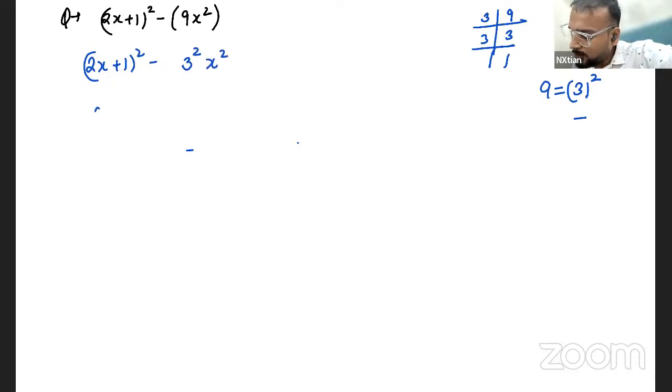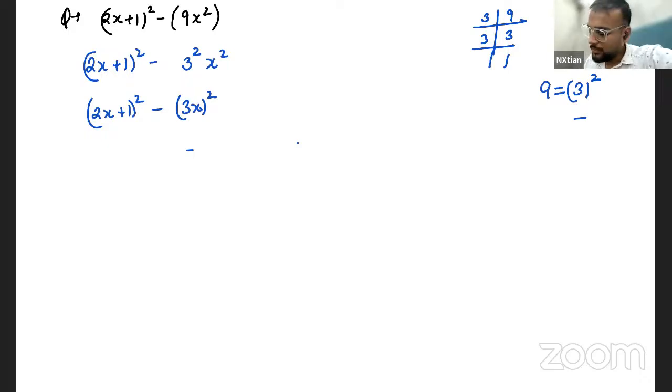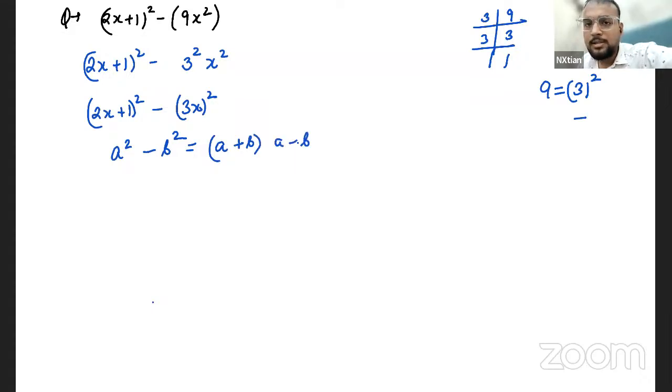So 2x plus 1 whole square minus 3x whole square. I make a common power. Now it is in the form of a square minus b square. So it can be written as a plus b into a minus b. Guys, did you understand? Yes or no?